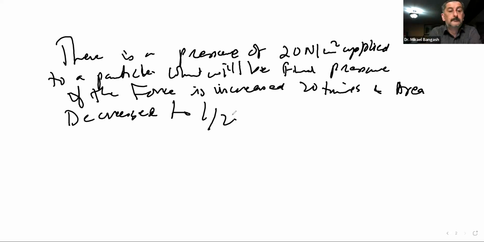Anybody else? There's a pressure of 20 newtons per centimeter square applied to a particle. What will be the final pressure if the force is increased 20 times and the area is decreased to half? I got 40 as well.